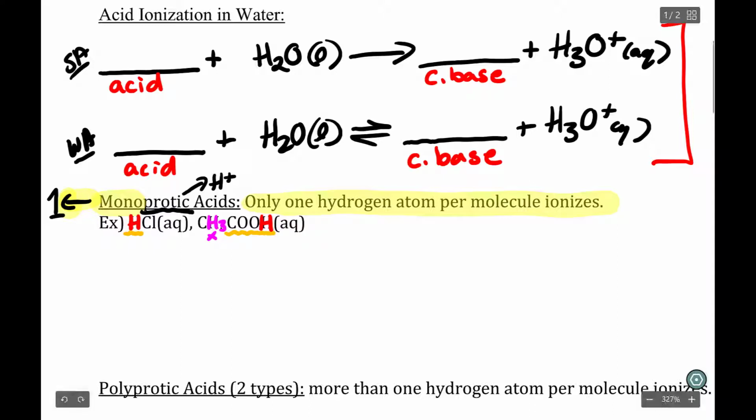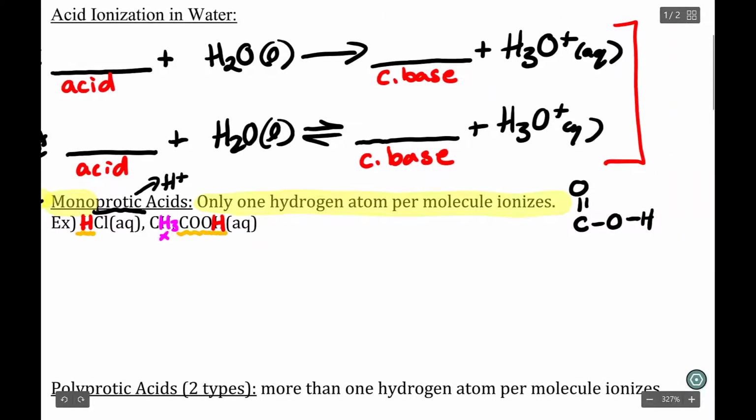Whereas if you have a COOH group, which looks like this, the H here, which is red, is this H here, and this is a very polar bond. So if a water molecule comes by this carboxylic group, essentially what happens is the hydrogen will leave the carboxylic group and join the water molecule to form hydronium.